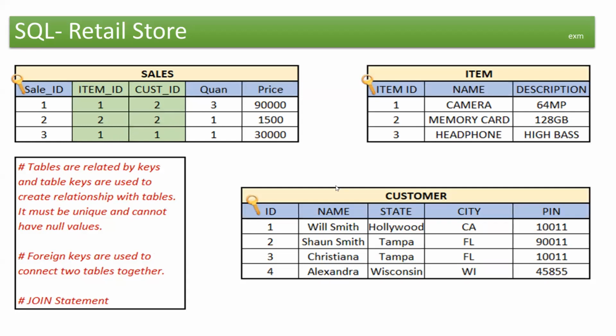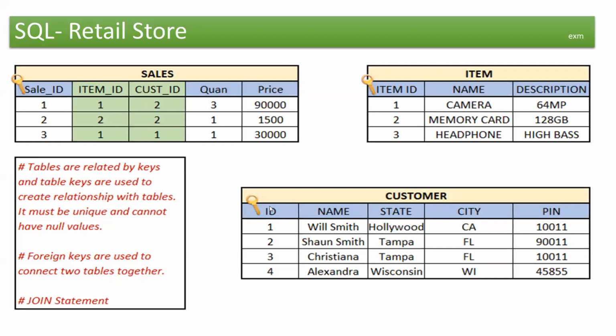Right. You're correct. So whenever you update any information over here with the help of a foreign key, it will extract the information and it will throw out the actual price or the output, depending upon the domain you're working for. So here tables are related by keys, and table keys are used to create relationships between tables. Every key must be unique and cannot have null values.